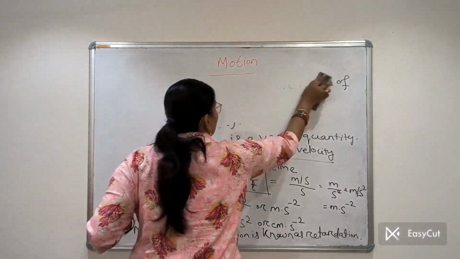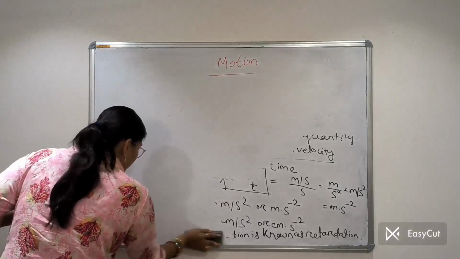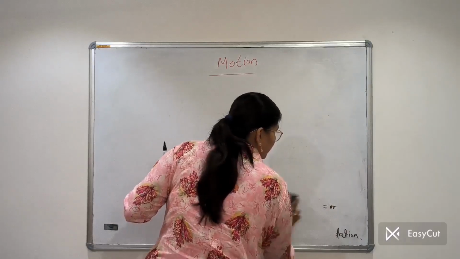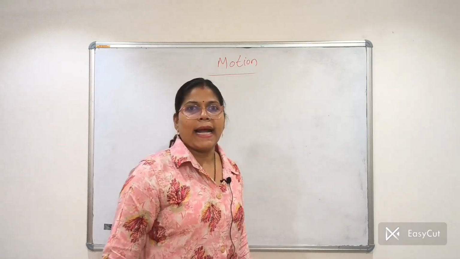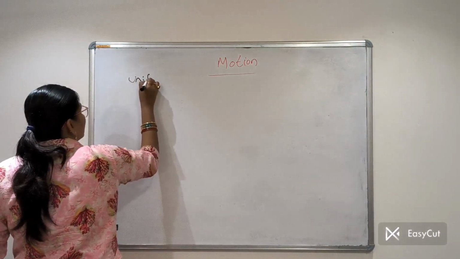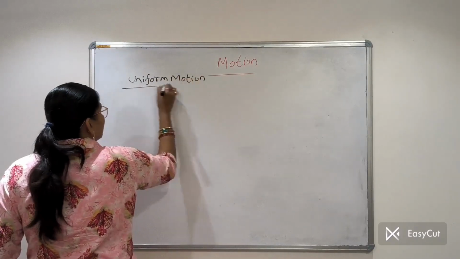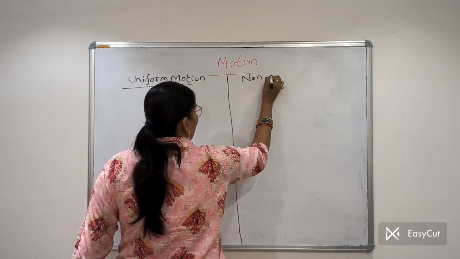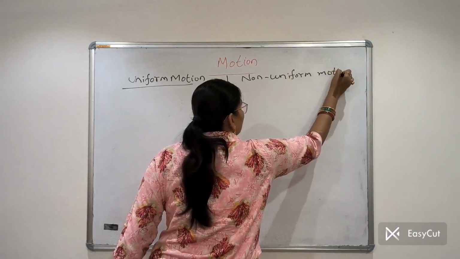So now we will discuss what is uniform motion and what is non-uniform motion. Differentiation between uniform motion and non-uniform motion.